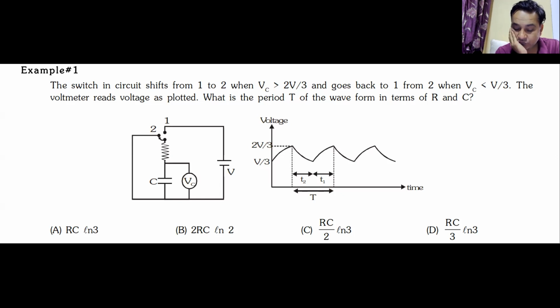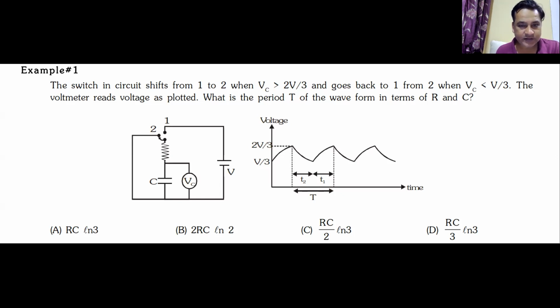1 to 2, when VC was greater than 2V naught by 3, and goes back from 1 to 2. I think there's something wrong in that timing. In the first case, it would be 1 to 2, then 2 to 1.